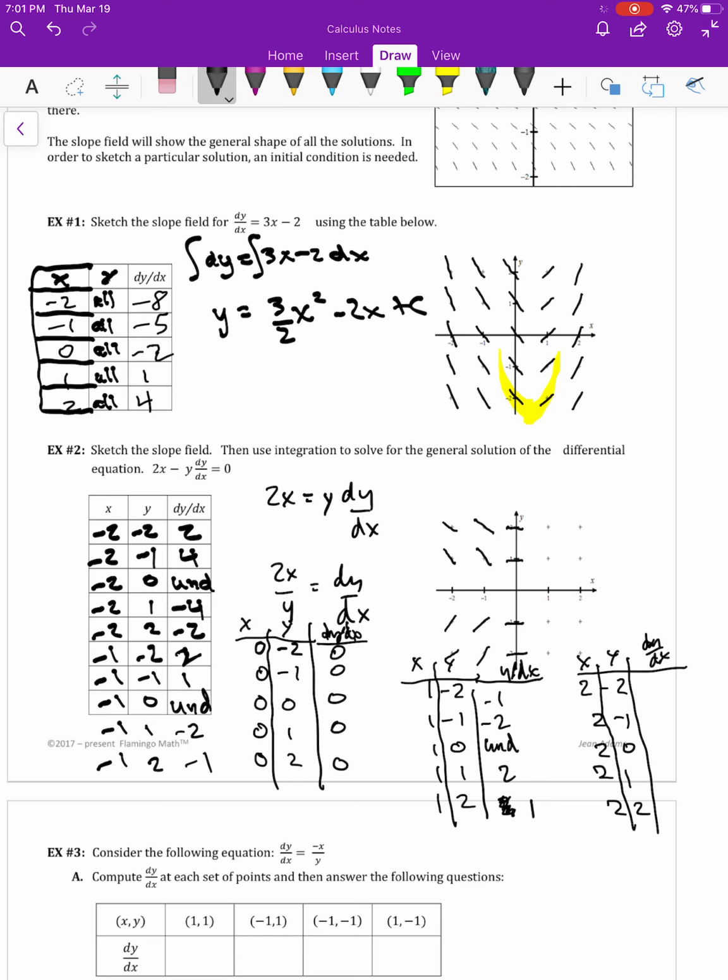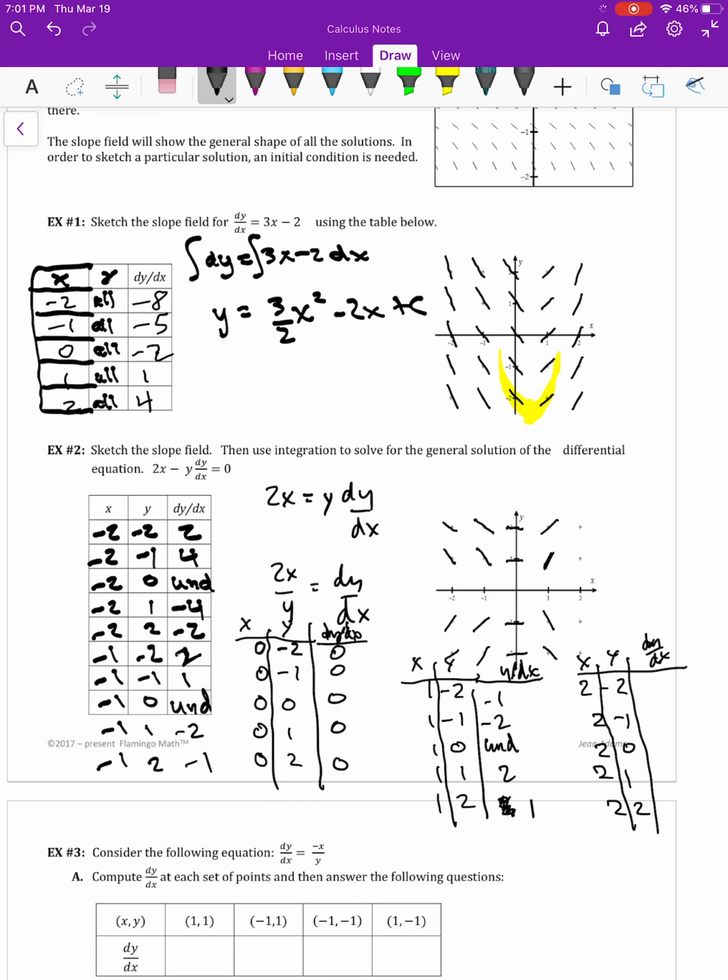And so for these, we've got 1, -2 is a -1. And then 1, -1 is a -2, a little bit steeper. And then this one's undefined. And then 1, 1 is +2. It's a little steep, sorry, +2. 1, 2 is +1. Okay, so that's that one.